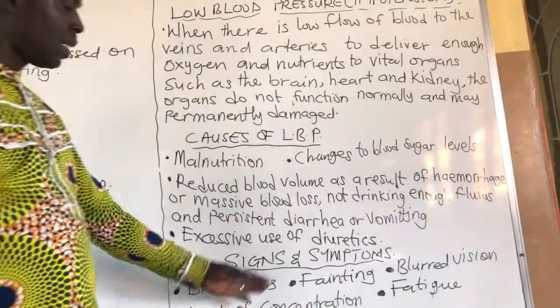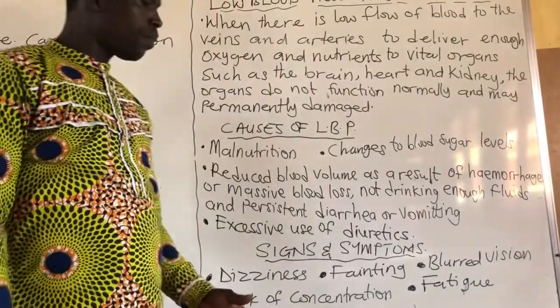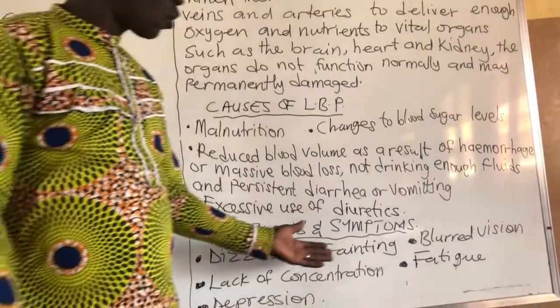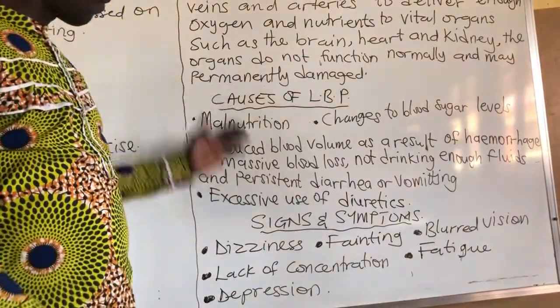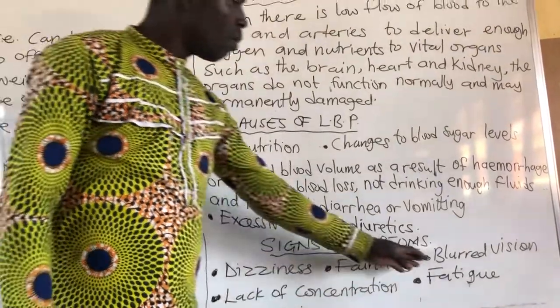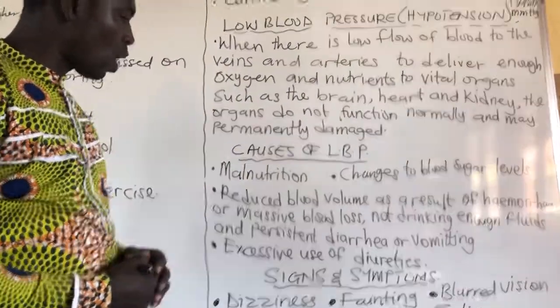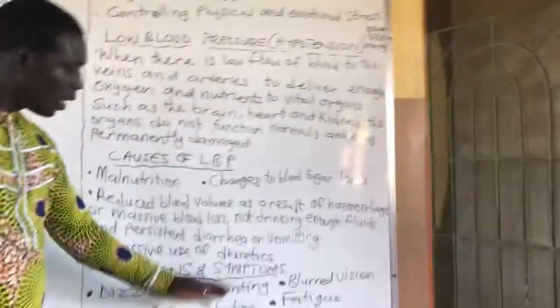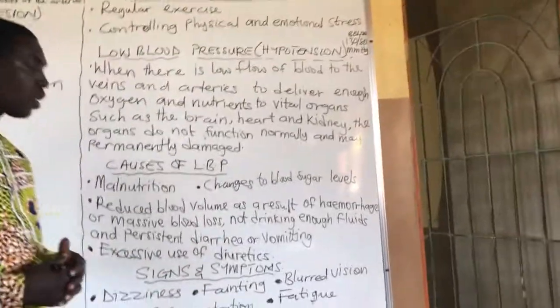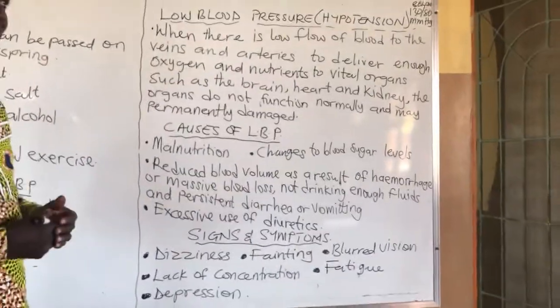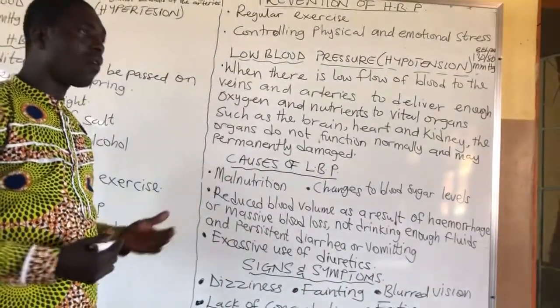Number one is dizziness, fainting. Fainting can also be a symptom of low blood pressure. Blurred vision, that is not seeing clearly or not seeing well. Lack of concentration. You cannot concentrate well. For example, when you are in the classroom and you are learning, you cannot concentrate well.